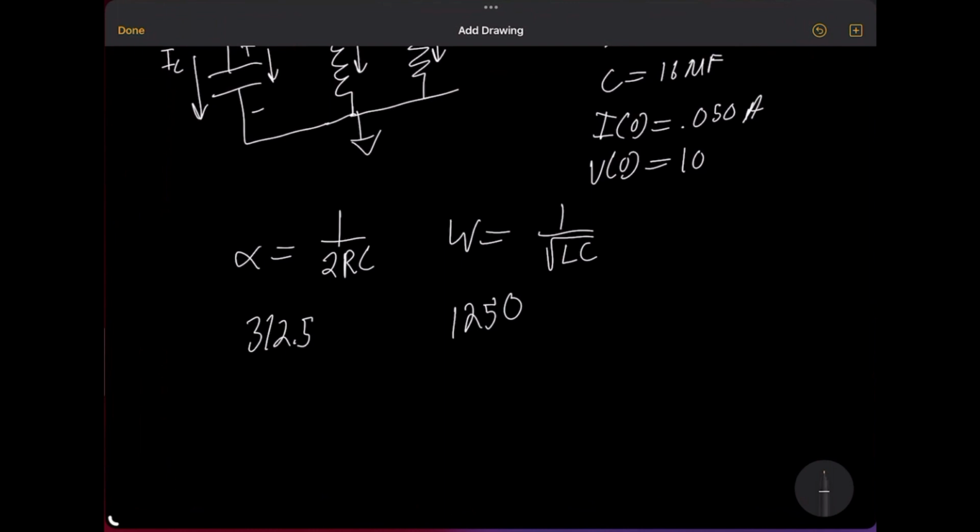So 312.5 squared minus 1250 squared. We're going to get 1210.30 i, since it's imaginary, plus or minus negative 312.5.